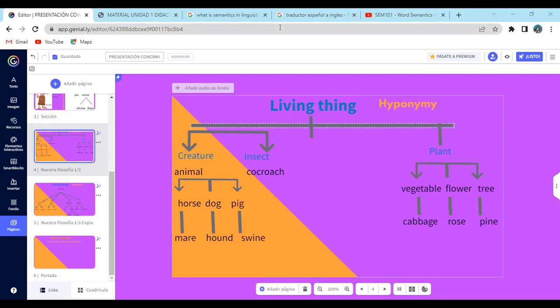Okay, yes, because I'm sorry, but I don't have enough time. That's the problem. As I said before, if you want to do a diagram like this, you can do it because it is easy to create. You can use this word plant, you can use this word creature, and you can use this.